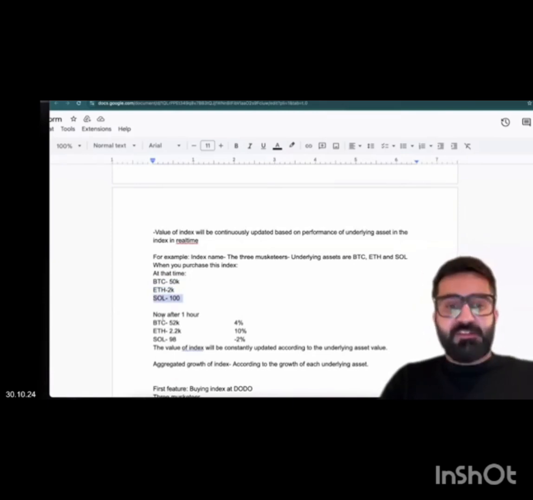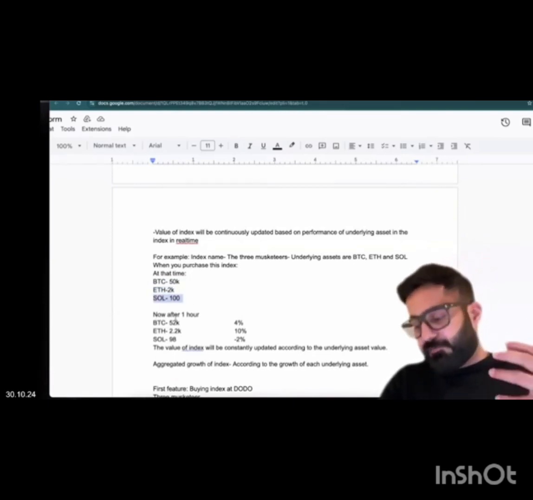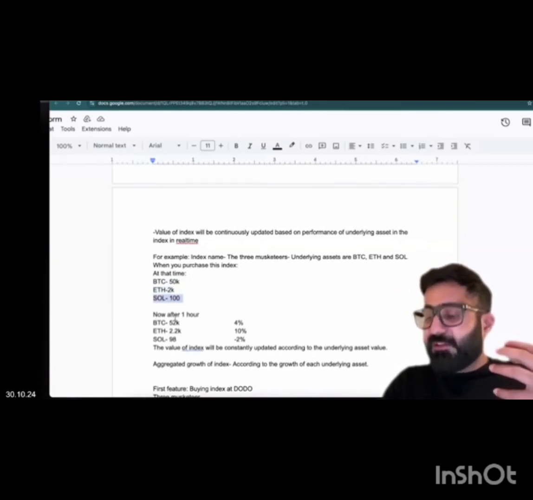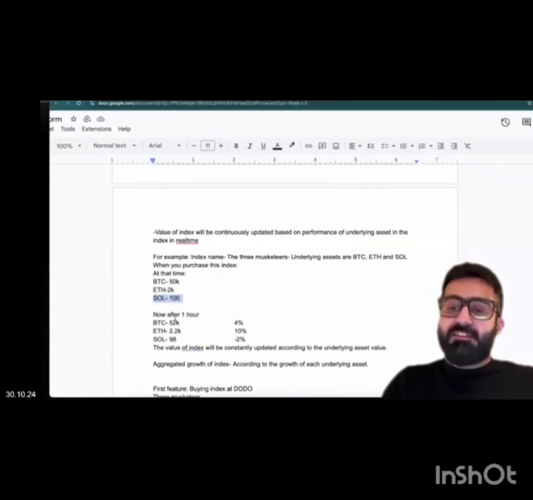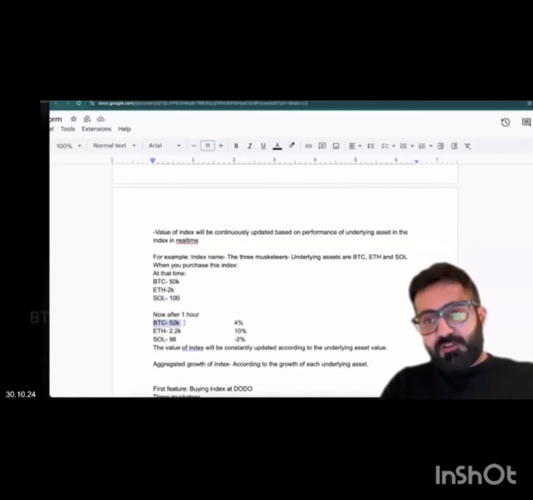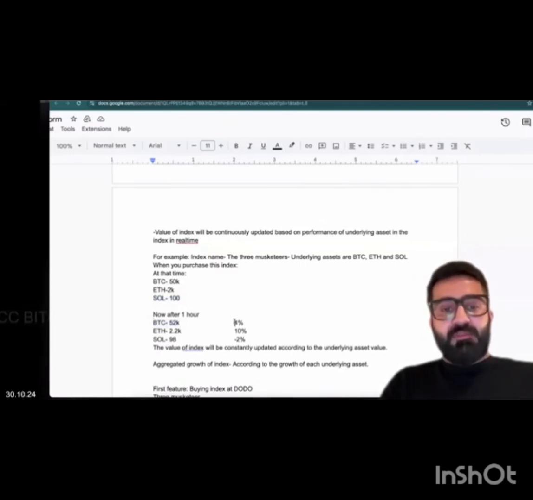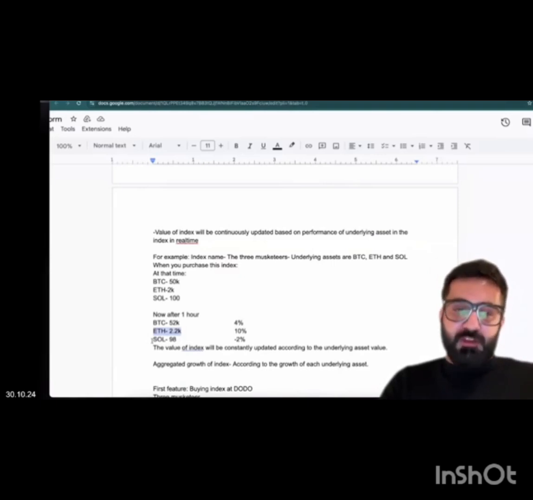Solana was $100. Now, after 1 hour of you buying the index, the price changed. Bitcoin became $52,000, an increase of 4%. Ethereum increased by 10%. Solana decreased by 2%.